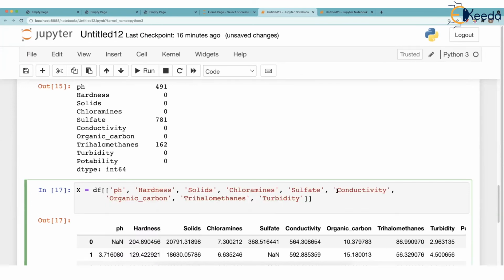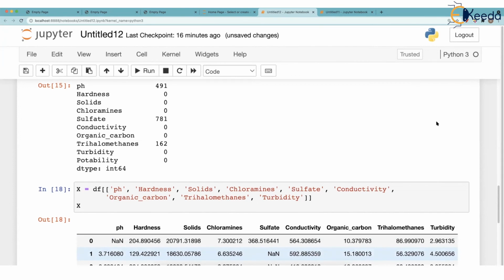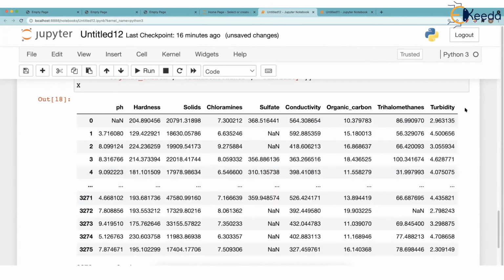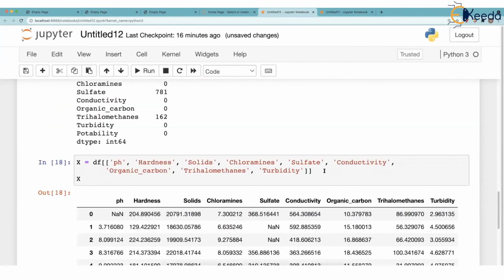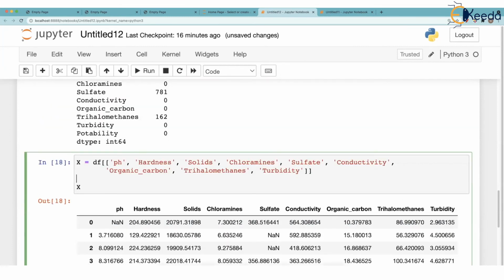Let's try to print X. You can see X now does not contain the potability column. Just check, the last column is not there. And how do you create Y? One more data frame you create, small y is equal to df square bracket, and then give the name potability in this list of columns.